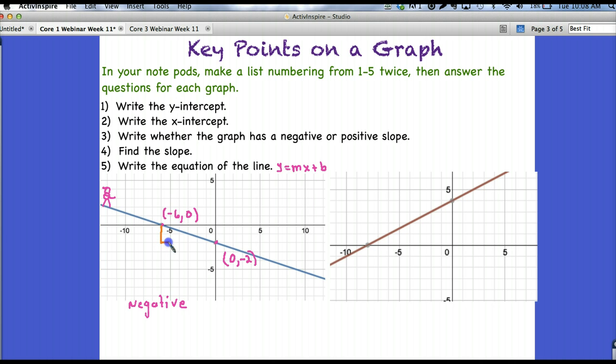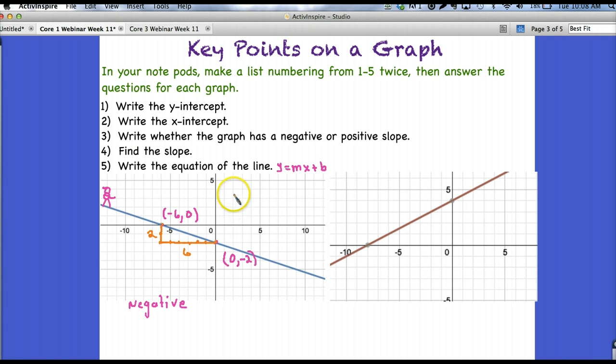And then I'm going to count over 1, 2, 3, 4, 5, 6. So I counted down 2 spots, starting with this point, going to the next crosshair, that was 1, going to the next one, that was 2. Then I counted over 1, 2, 3, 4, 5, 6 to get there.